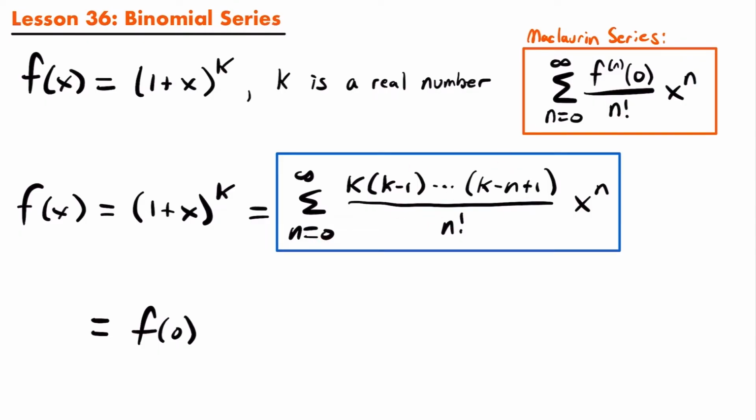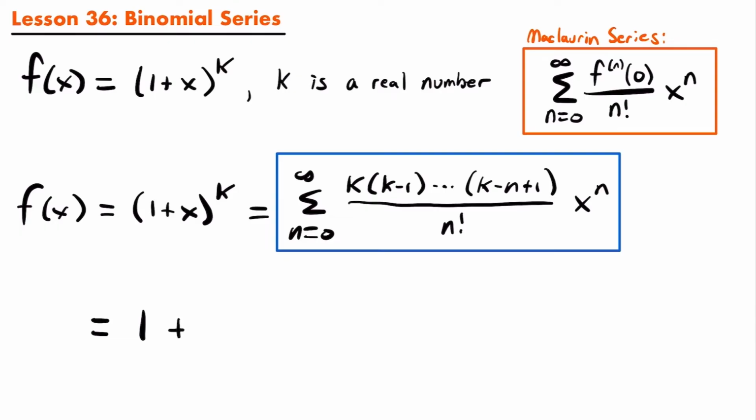Instead, just remember that the first term of your Maclaurin series is just what results when plugging 0 into your original function. So in this case, we have (1 plus 0) to the power of k, which is just going to be 1 because 1 to any finite power will be 1. So our first term is just going to be 1. And that will be true for all binomial series.